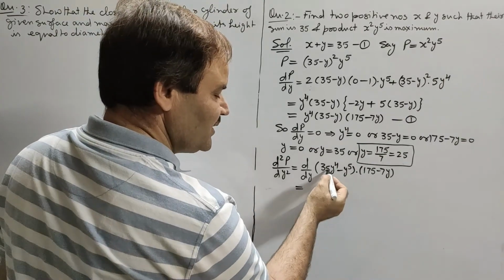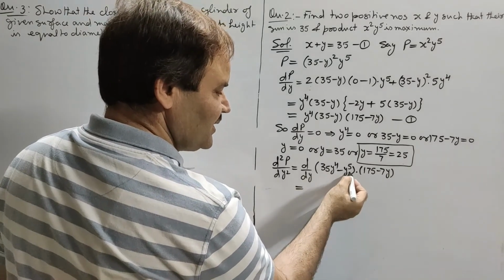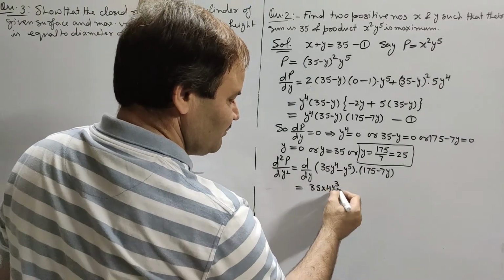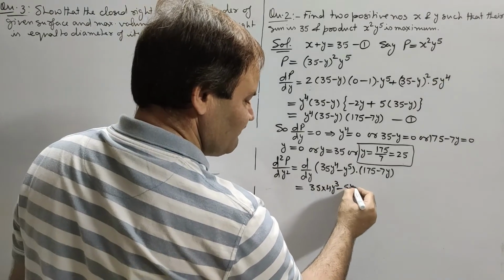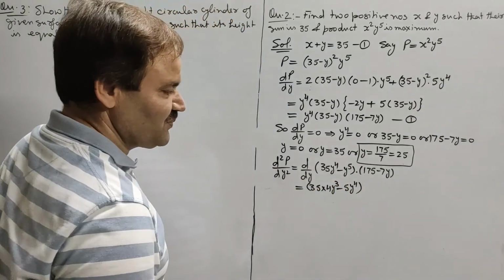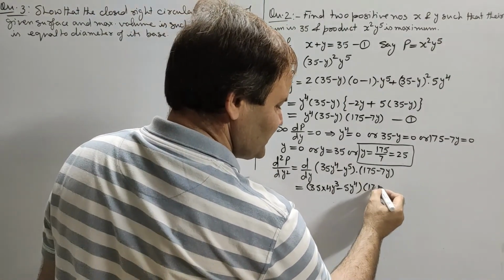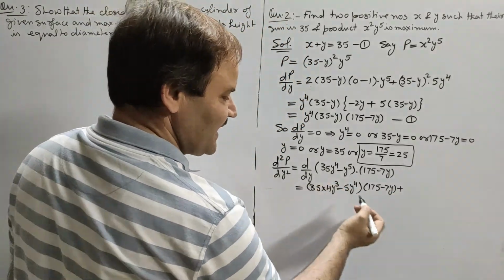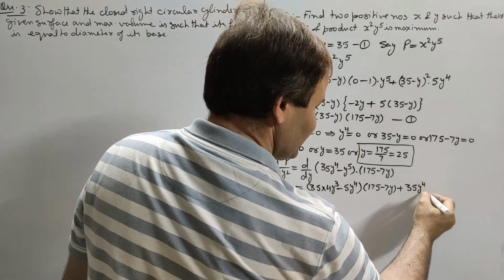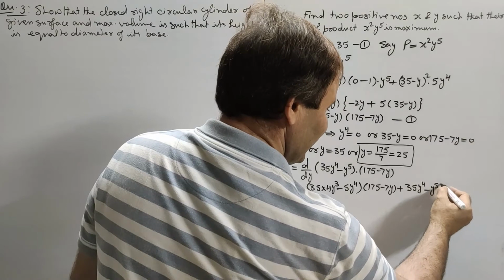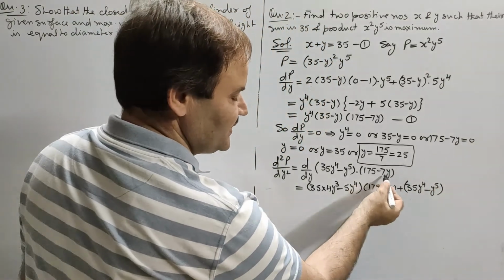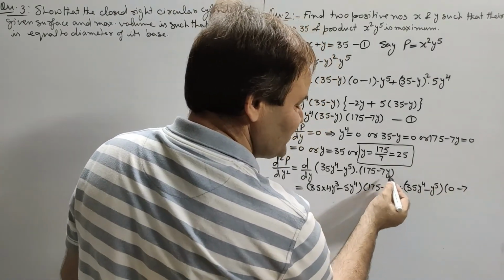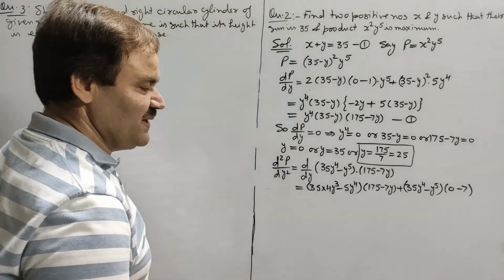This will give differentiation of this, which means 35 into 4y cube minus differentiation of this, 5y to the power 4, and the second term as such, 175 minus 7y, plus this time the first term as such, 35 y to the power 4 minus y to the power 5, and differentiation of this will be 175 is 0 minus 7, and differentiation of y with respect to y will be 1, so minus 7.